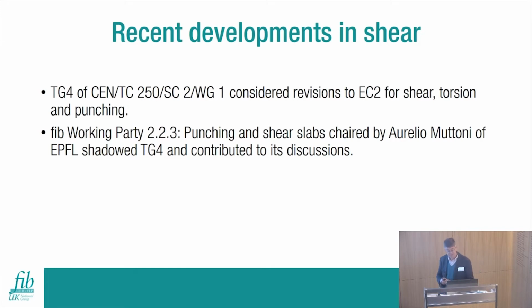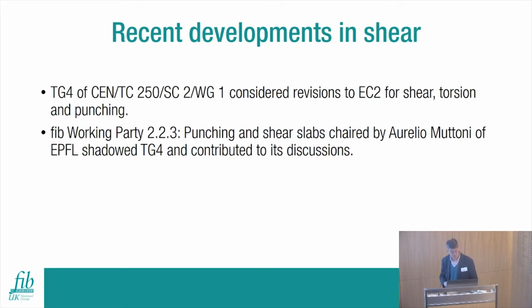What I want to do now is just to briefly fill you in on some recent developments in shear and also how they will affect Eurocode 2 in its 2023 revision. So my involvement in this has been as a member of Task Group 4 of SC2WG1, which is or was responsible for revisions to Eurocode 2 relating to shear, torsion, and punching.